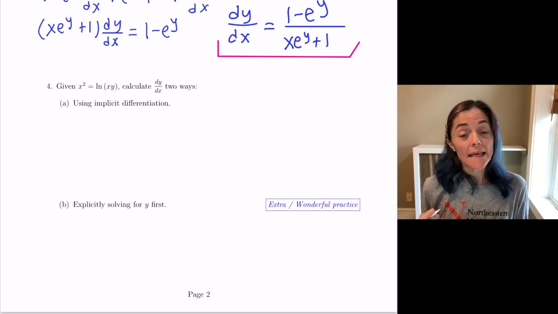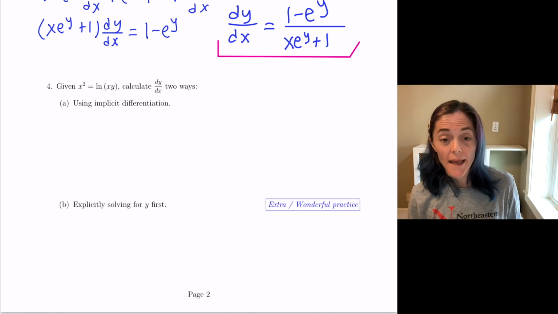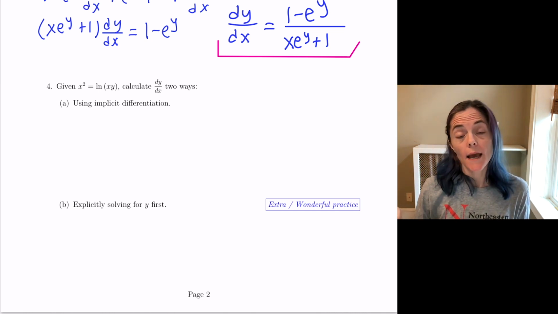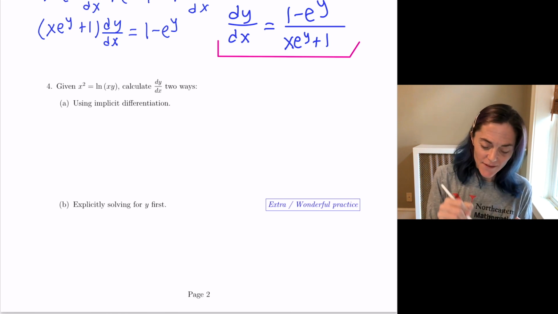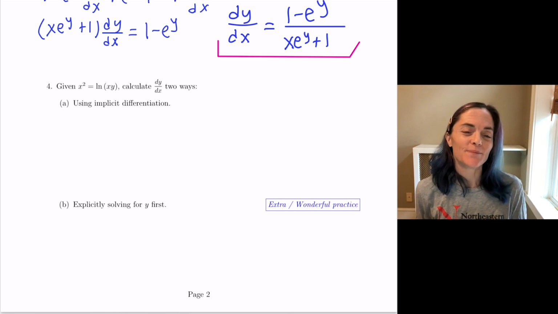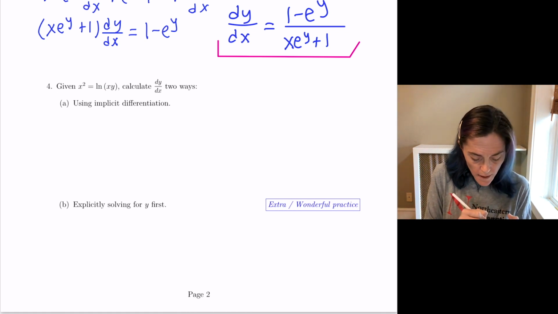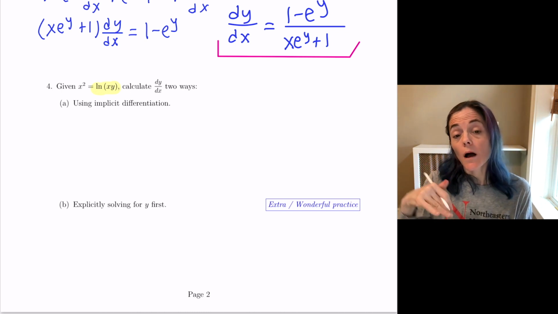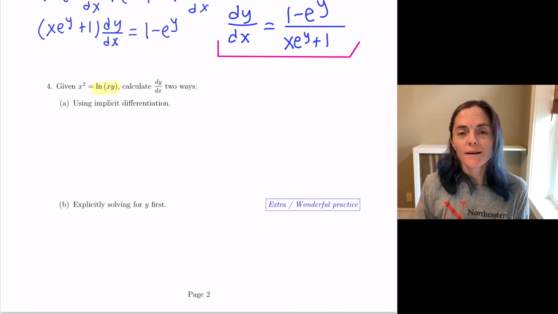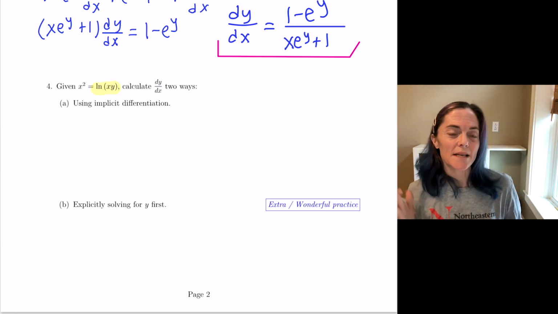Number 4, given x squared is natural log of xy. Calculate dy/dx 2 ways. First, implicit differentiation. Now, I'm going to make my life a little bit easier. You notice natural log of xy, when we have a product inside of the log, turns into a sum.